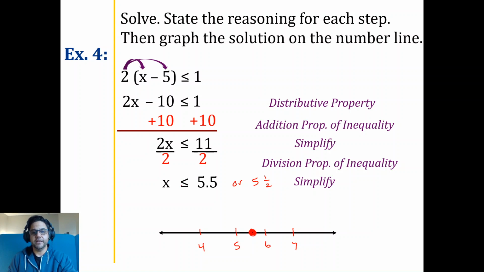And I am going to shade to the left because less than 5.5, well, 5, 4, 3, all the way to the negative side again is less than 5.5. It's also equal to, which is why it's a closed solid dot. Which again means it includes that specific number in the solution set.